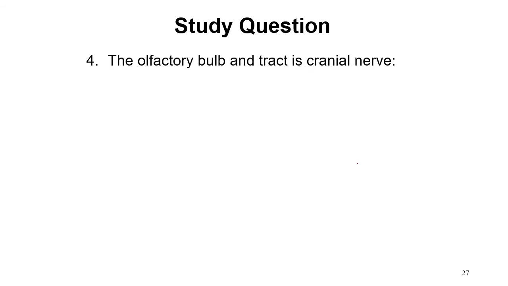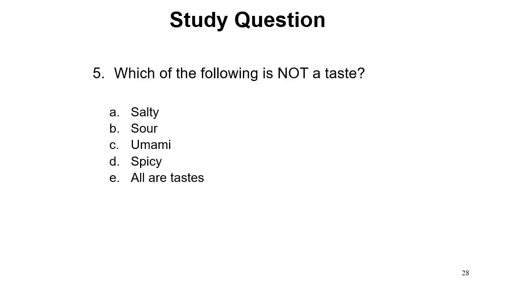The olfactory bulb and tract is cranial nerve 1, 2, 3, or 4? The answer is A, 1. Which of the following is not a taste? Salty, sour, umami, spicy. Letter D, spicy, is not a taste.